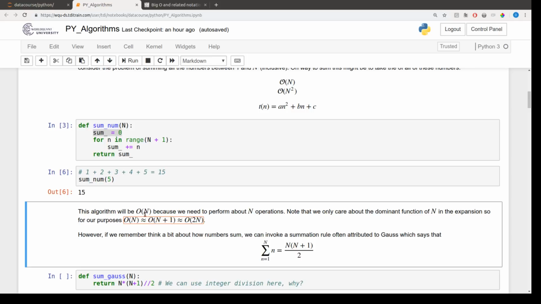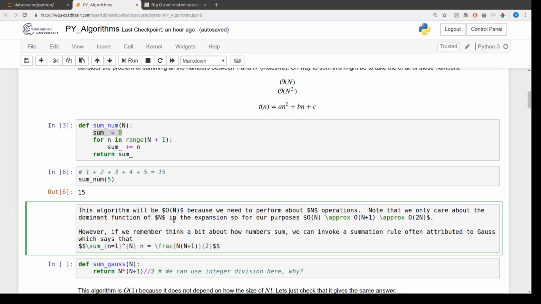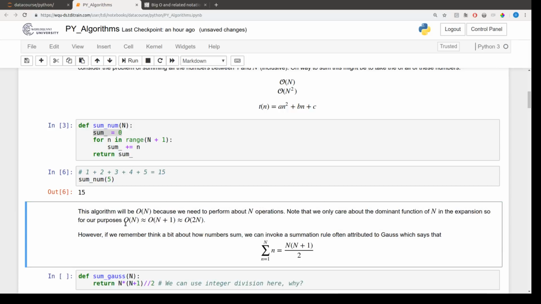So the dominant behavior is this n. The n matters a lot more as it becomes larger and larger than this 1. So we say that order n includes not only things where the amount of time or instructions grows exactly as n, but it's basically the same as n plus some constant or even some number times n. The thing we care about is just the behavior as a function of n.